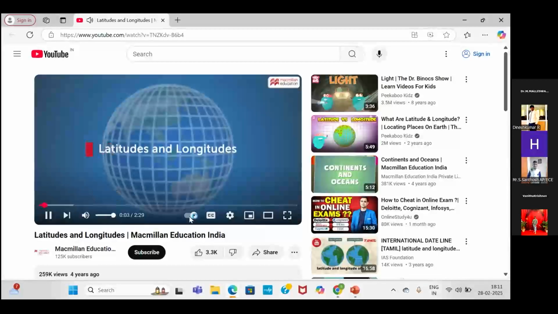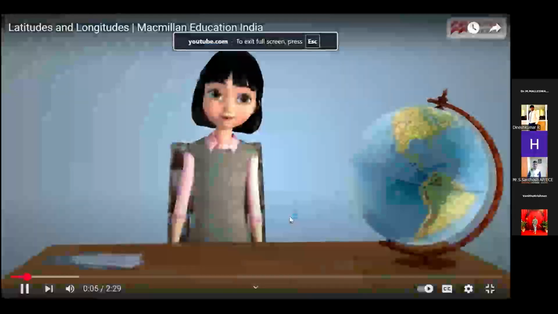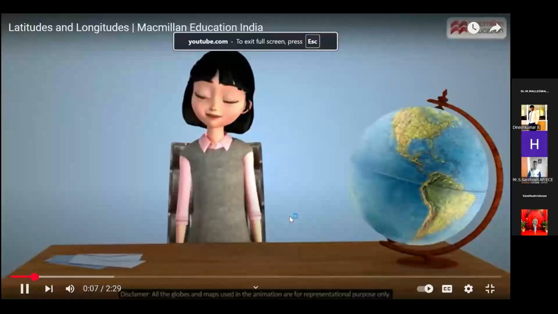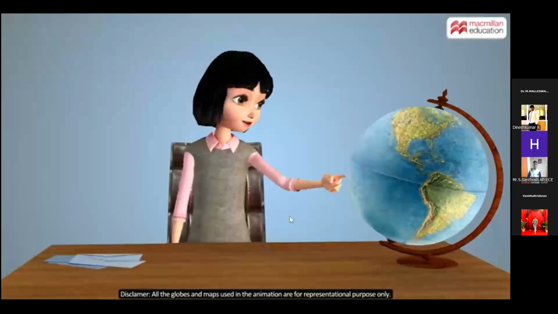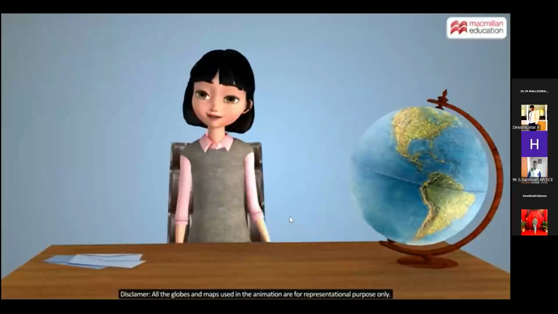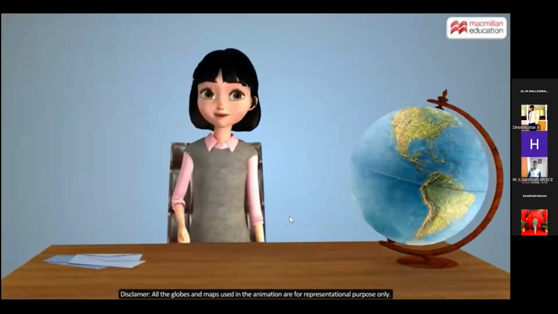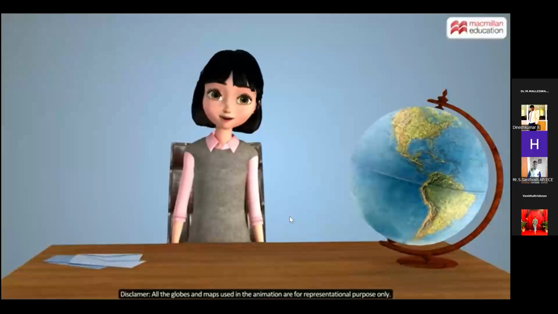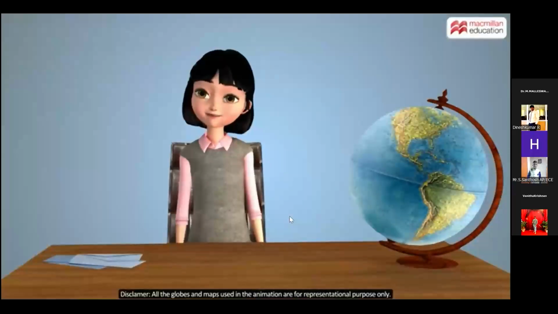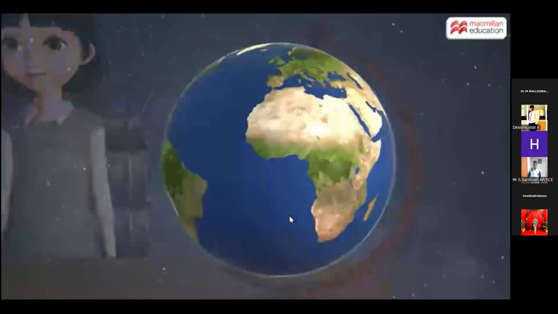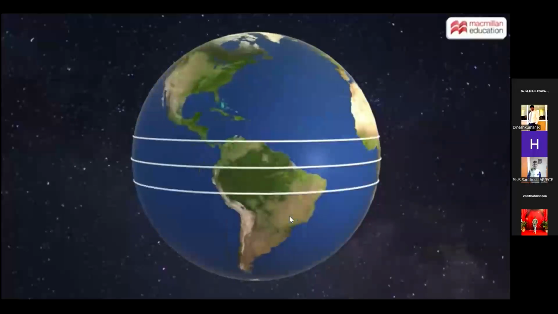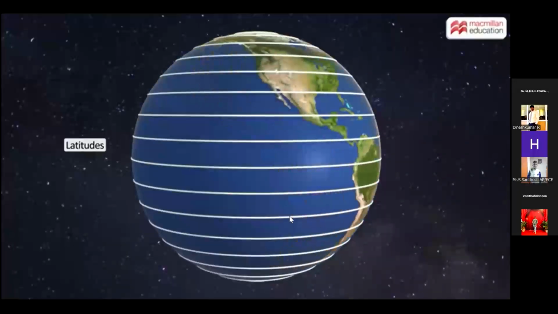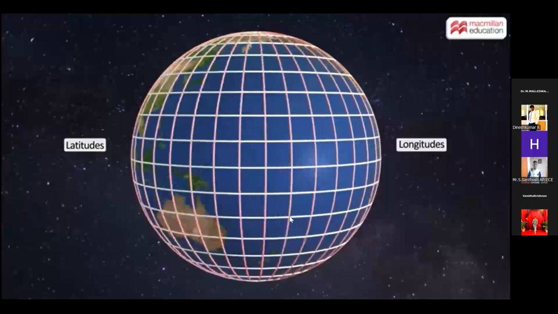Latitude and longitude. Just like a letter is able to reach your house by your address, a specific place on the map or on the globe can be located with the help of the geographic coordinate system. The geographic coordinates of a place consist of the degrees of latitude and longitude.